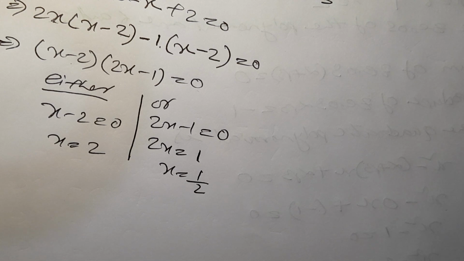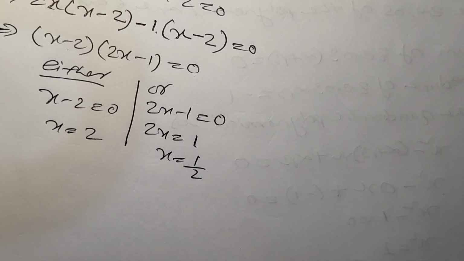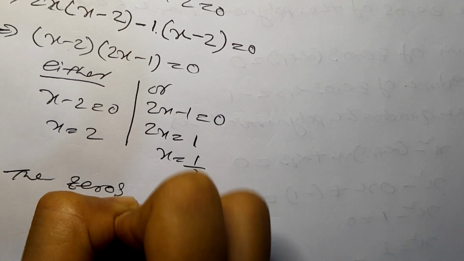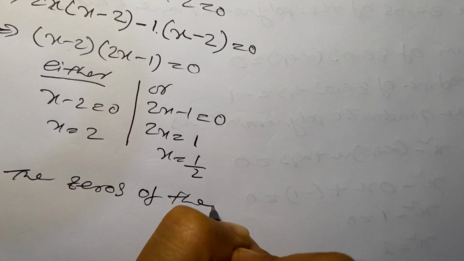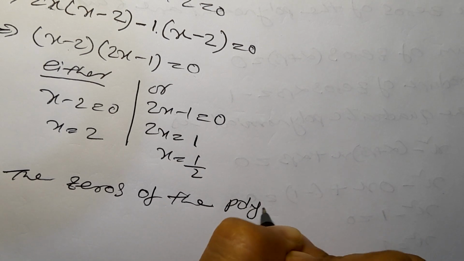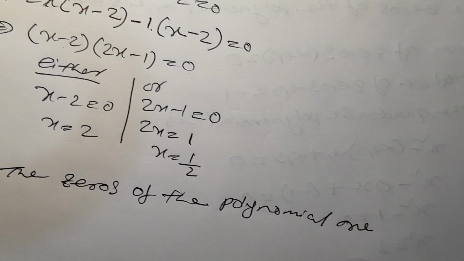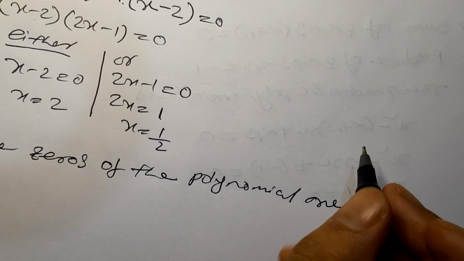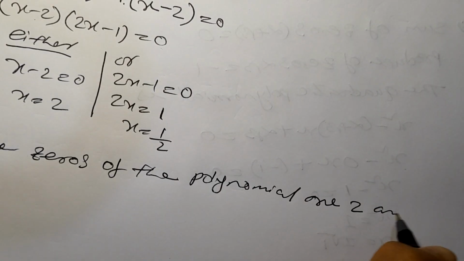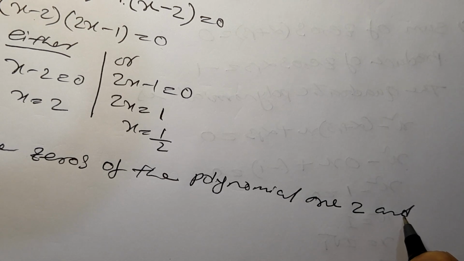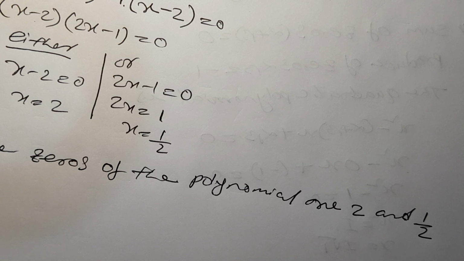We got the value of our x. That value of x is the zeros of the polynomial. So the zeros of the polynomial are 2 and half.